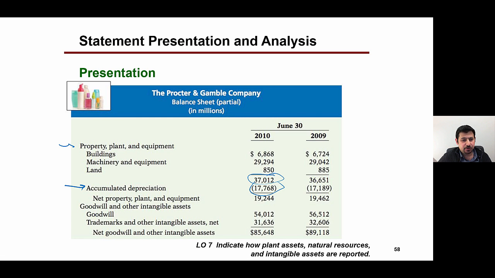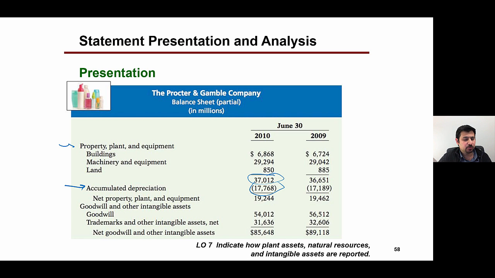Now, as we can see here, the company has reported accumulated depreciation for the total amount of their assets. However, companies need to disclose what kind of PPE assets they have, either in the notes or in the actual statement like we have here. And they also need to disclose the accumulated depreciation by major classes or in total.